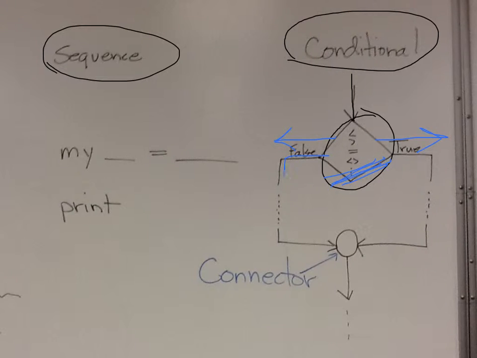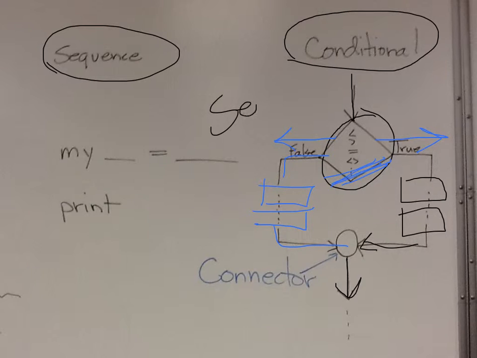Come out, perform some type of functions. It always comes back together. A little darker, perform some kind of functions, and it always comes back together. Then you continue your processing. Sometimes this is referred to as a selection. Conditional.